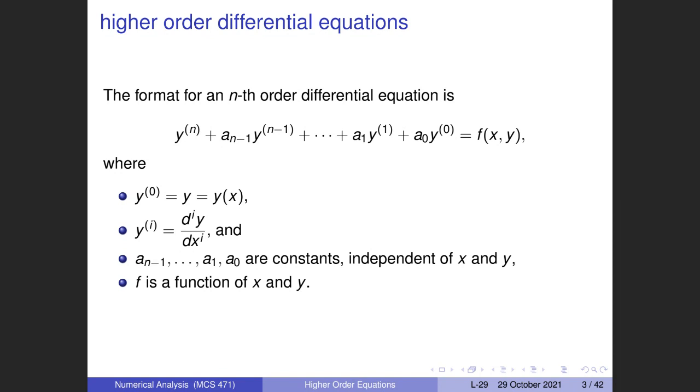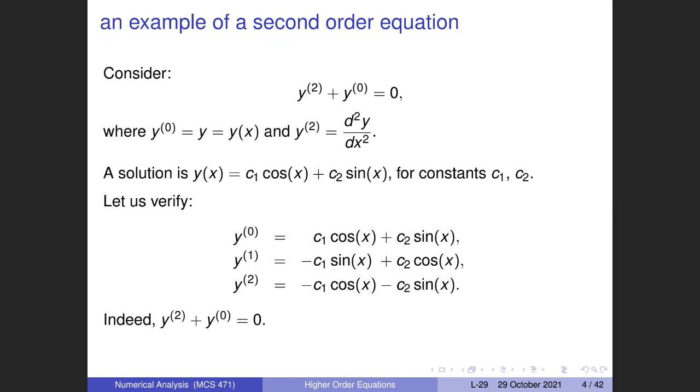Here is an example. We looked at this example last time, but now the right-hand side is extremely simple: we have 0. This is a second-order equation, and the solution will be periodic.